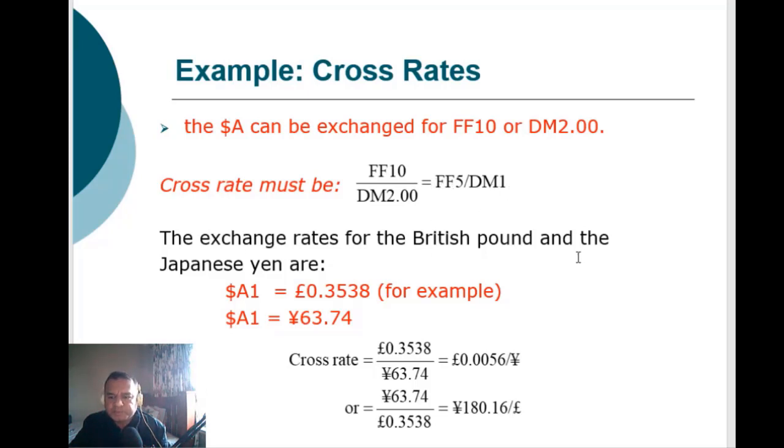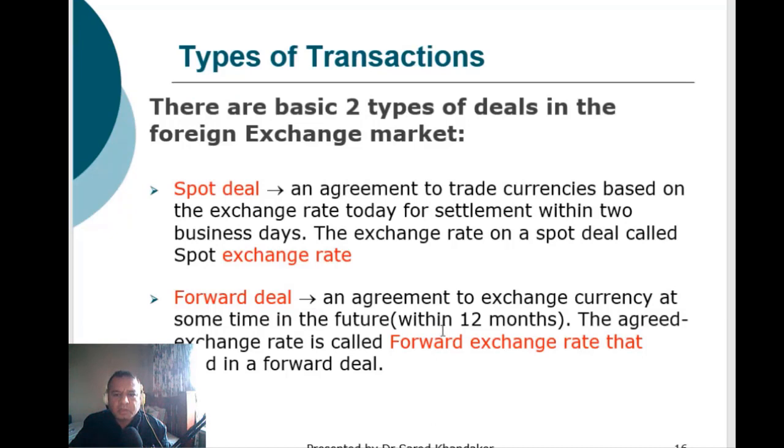So the exchange rate of the British pound and the Japanese yen would be, so Australian dollar is buying 0.3538 British pound sterling, for example, and 1 Australian dollar is purchasing 63.74 Japanese yen. So the cross rate between these two would be 180.16.